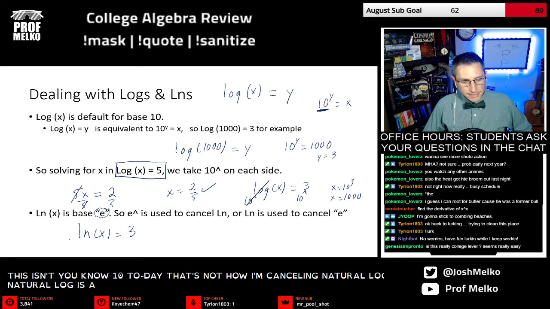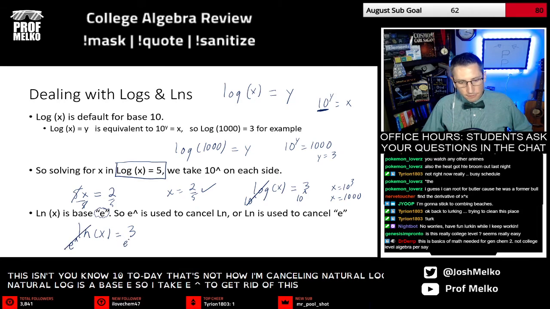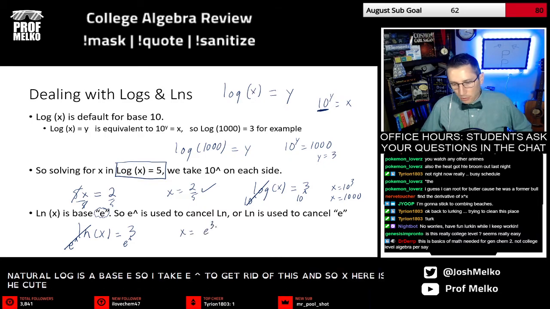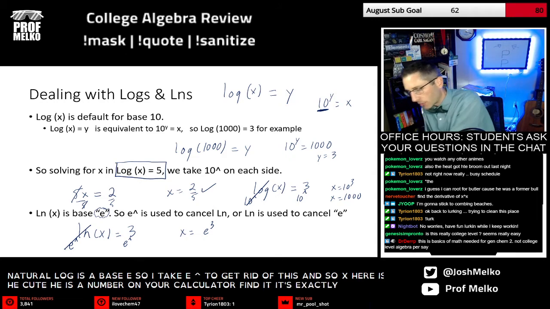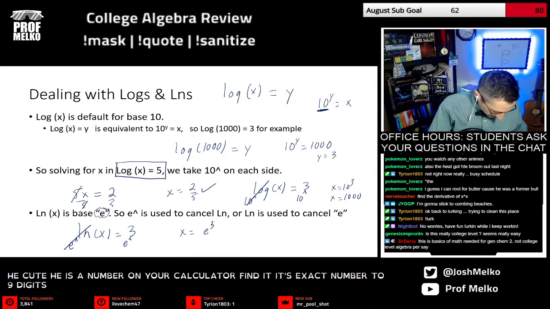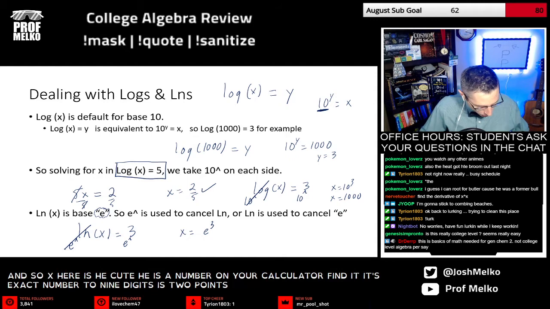Natural log is a base e, so I take e to the power of to get rid of this. And so x here is e cubed. So e is a number on your calculator, find it. Its exact number to 9 digits is 2.71828.